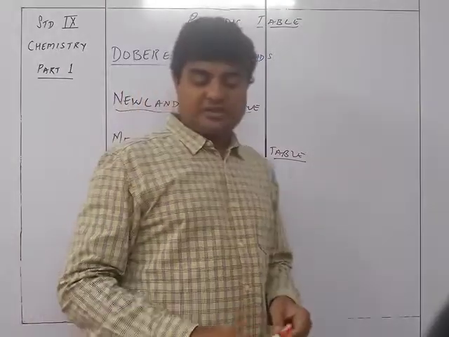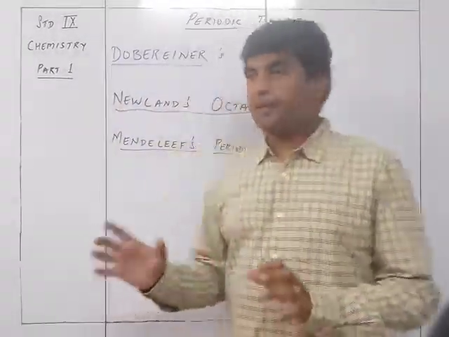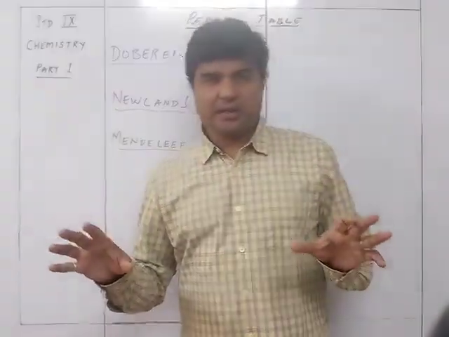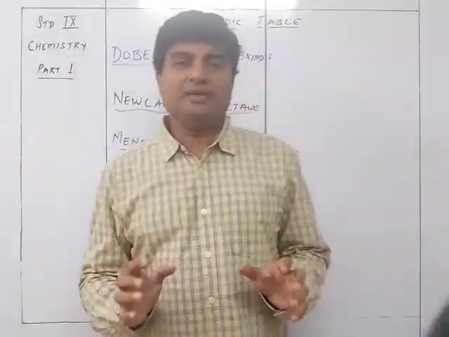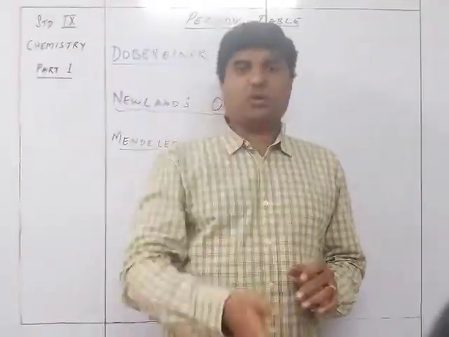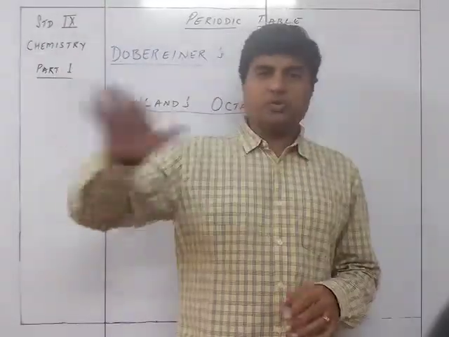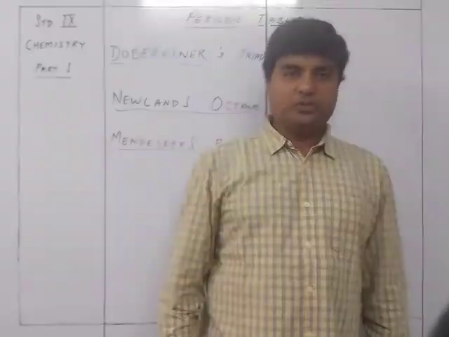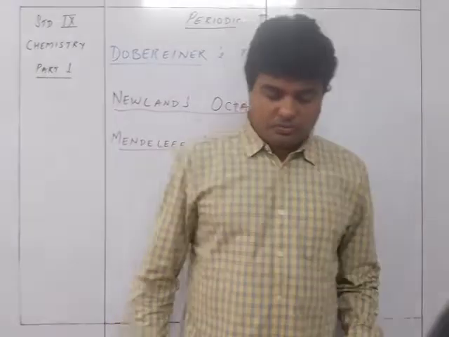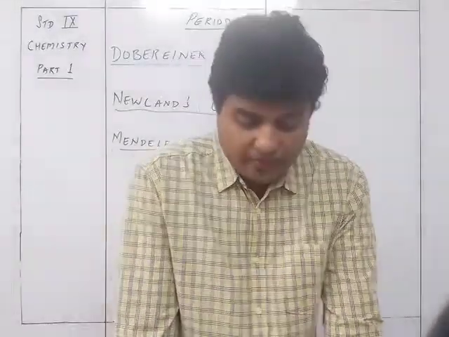Up till now it was just some kind of tabulation, but here an attempt was made to create a proper table. It has proper groups and columns, with vertical columns and horizontal rows. So for the first time the periodic table was formed with groups and columns.